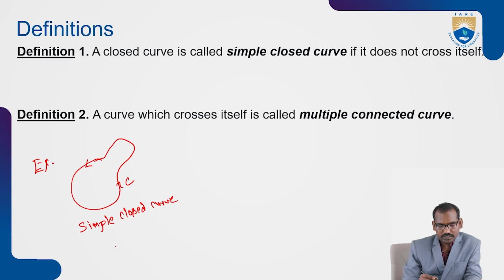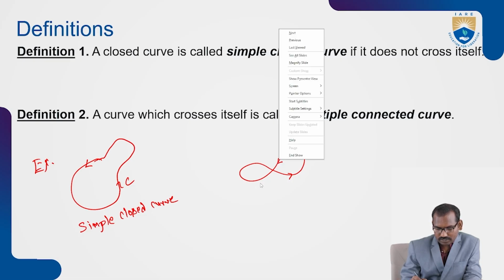And if we see the second definition, a curve which crosses itself is called a multiple connected curve. So if you draw a curve which crosses itself, in that case, that curve we call a multiple connected curve. For example, here I'm taking the orientation in the anti-clockwise direction.